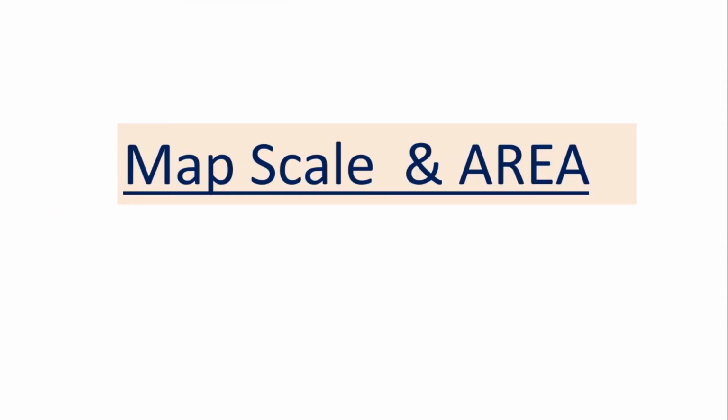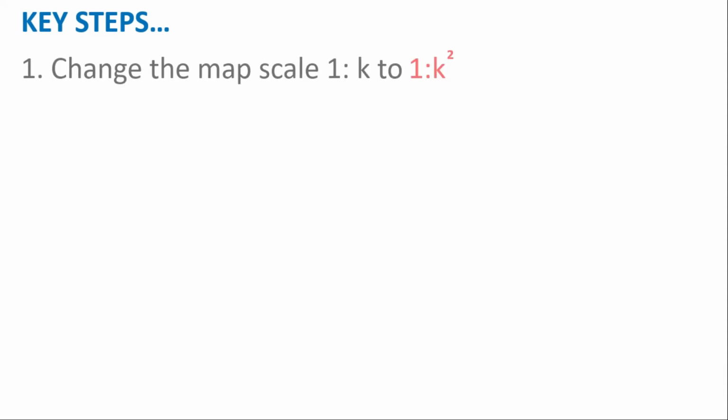The next topic is finding the area using the map scale given. Before we begin solving the questions, I would like to give you the key steps that we'll be following. Change the map scale from 1 is to k to 1 is to k squared. For example, if the question says 1 is to 5,000 is the map scale, when you're calculating the area, you have to change it to 1 is to 5,000 squared.